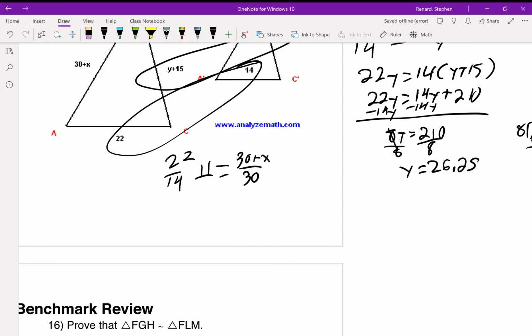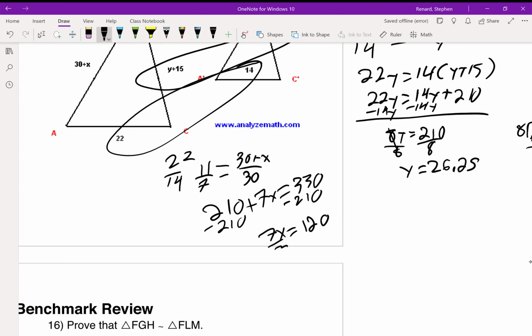And that's because I did it wrong. It's 11 over 7. That's going to be 210 plus 7x equals 330. Subtract 210. It's 7x equals 120. Divided by 7.